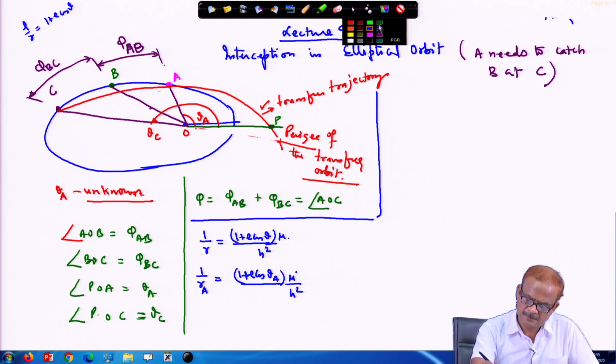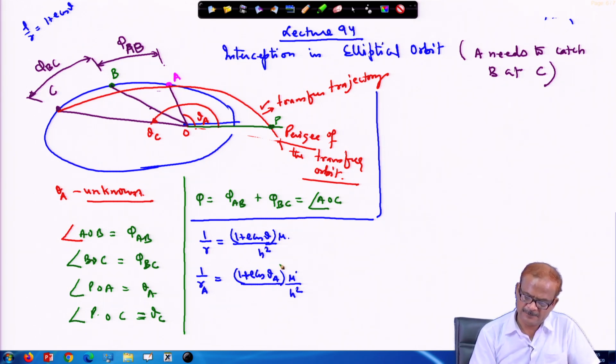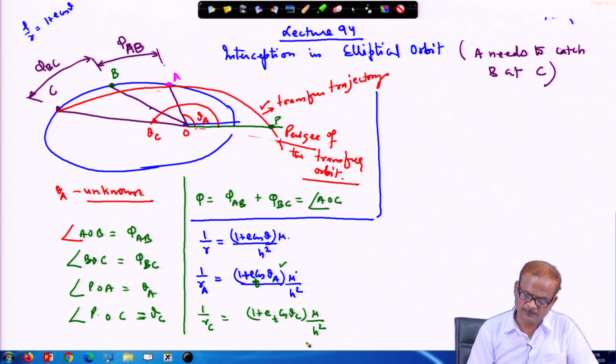One should remember that theta A and theta C are defined only along the transfer trajectory, so here it should be e t. Similarly, we will have 1 by R c equal to 1 plus e t cos theta c times mu by h square.